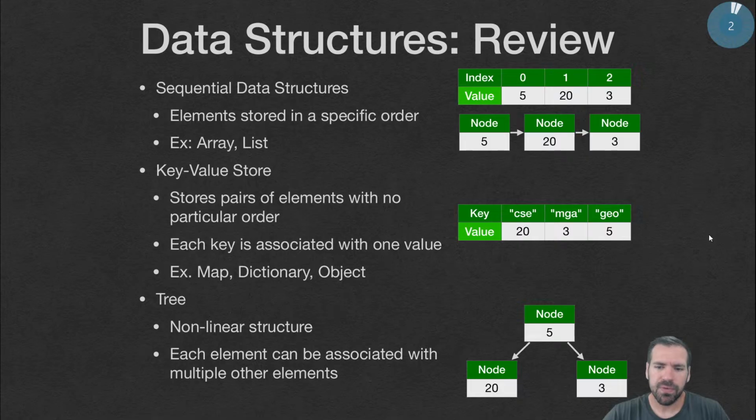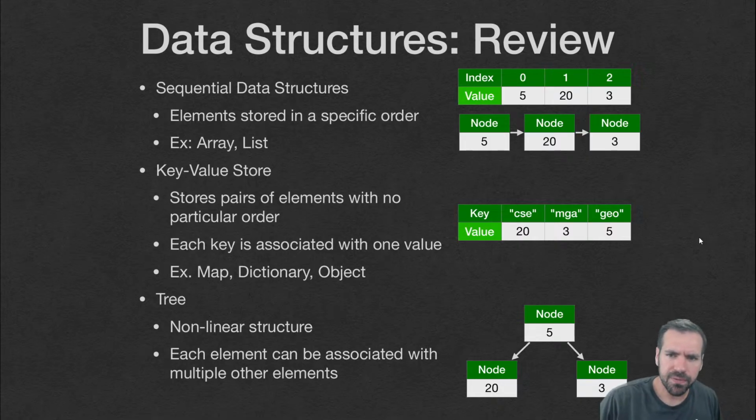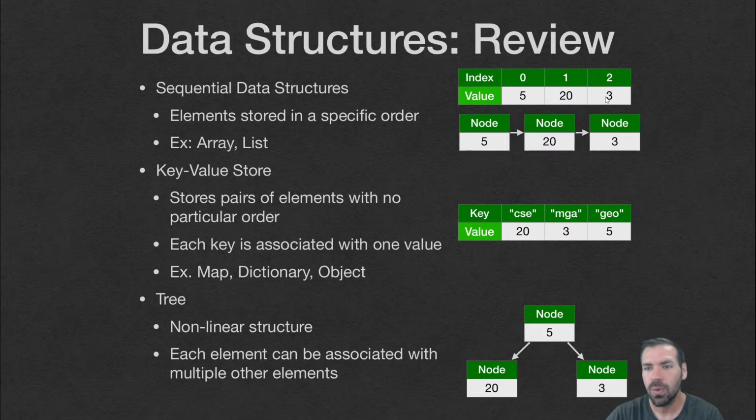Okay, so we've talked about a variety of data structures up until this point in your career between 115 and 116. We have our sequential data structures, which is our array, which we used array list in 116, and our linked list. These two data structures keep a sequence of values, meaning that the order matters. So if I insert the values 5, 20, and 3, I expect those values to be in that order in the data structure.